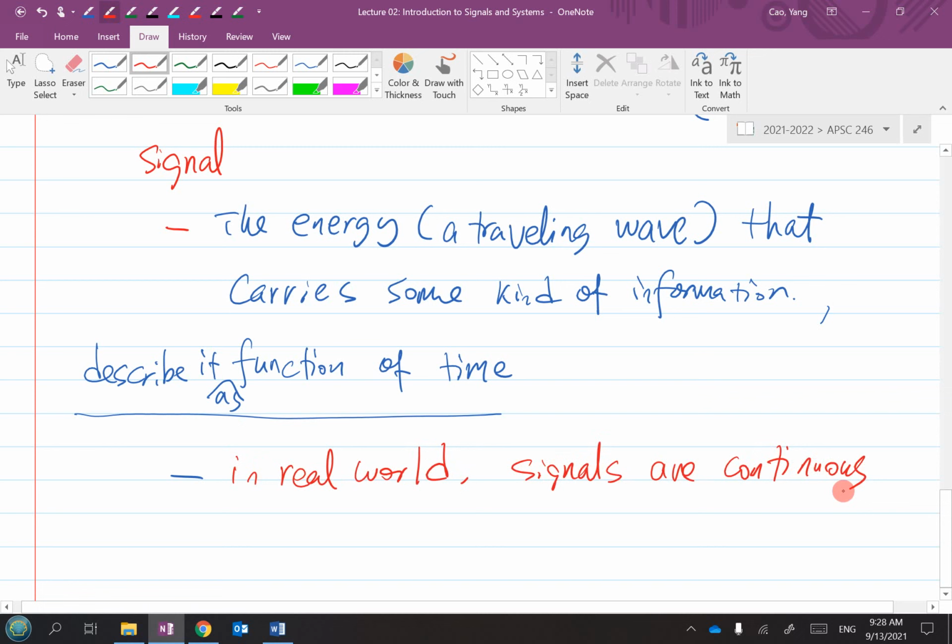The chirping of the birds, the light emitted from the bulb, the sound from a person, the computer monitor display. Whatever you see, whatever you hear, whatever you observe in the real world, is continuous.